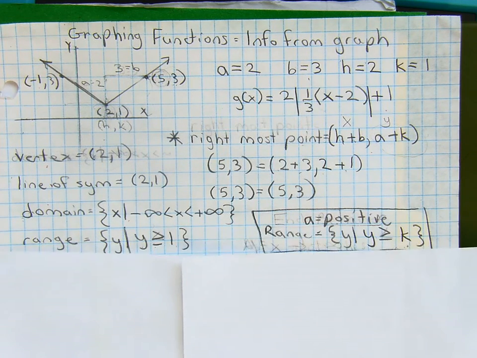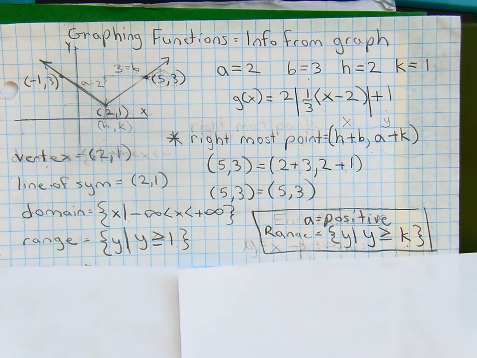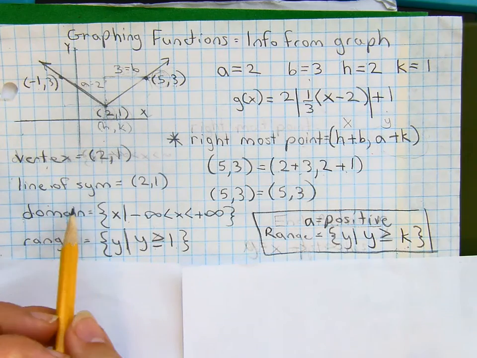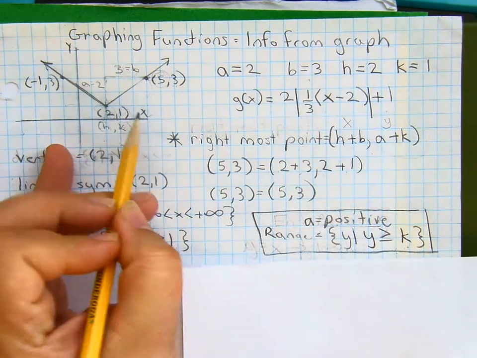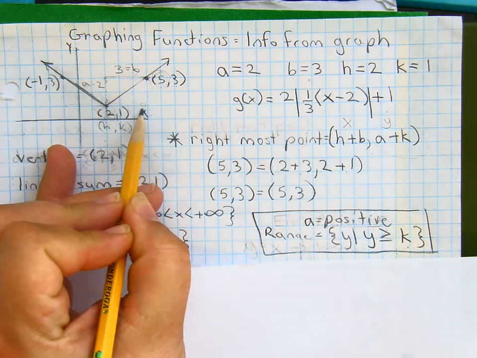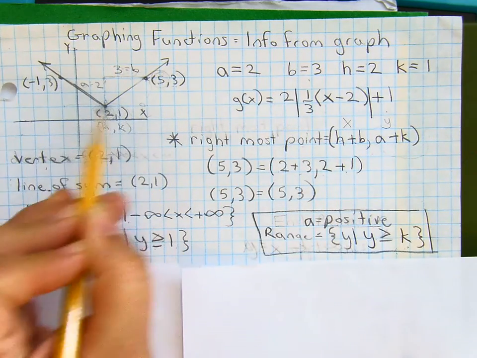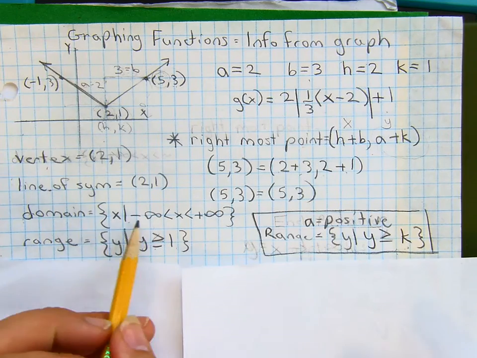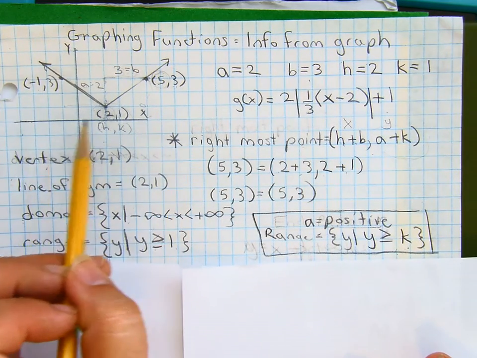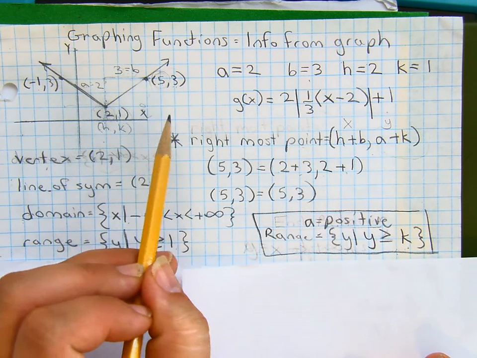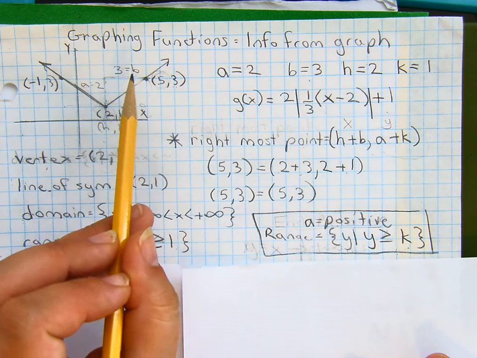So let's talk domain and range. Domain is basically the same thing as our little x value here. And so the question is, are there any values of x that do not fall on this graph, that I can't plug in and get a y out of?